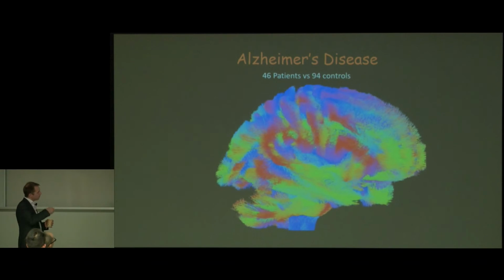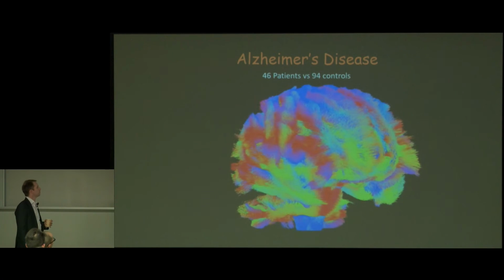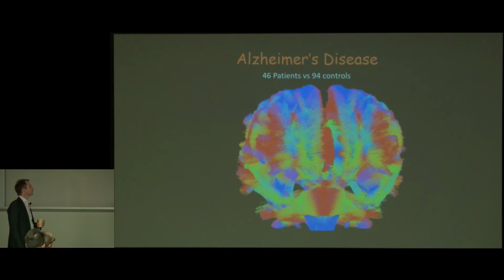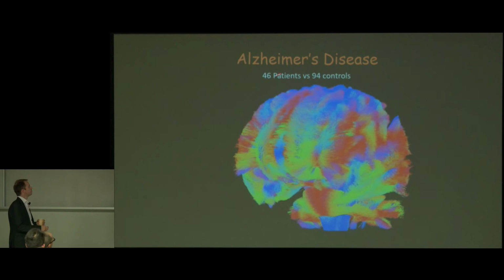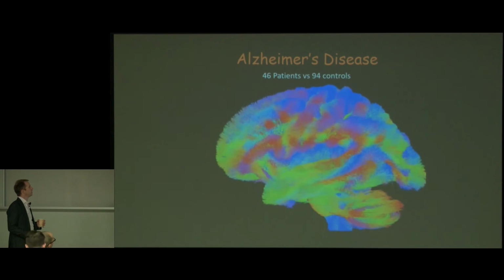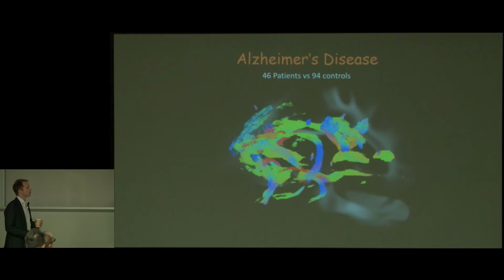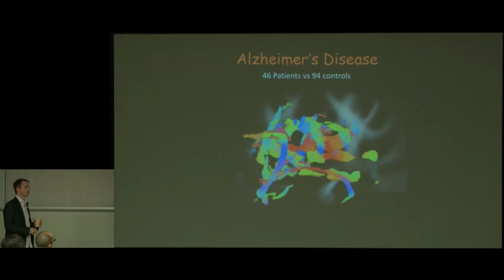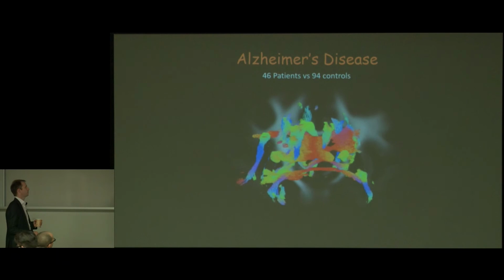This is an Alzheimer's disease cohort, the ABLE cohort in Australia. It's 46 patients, 94 controls. This is a whole brain tractography on the template, and we just dropped out all the bits that are not significant. So these are all the significant portions of the tract as identified by this analysis.